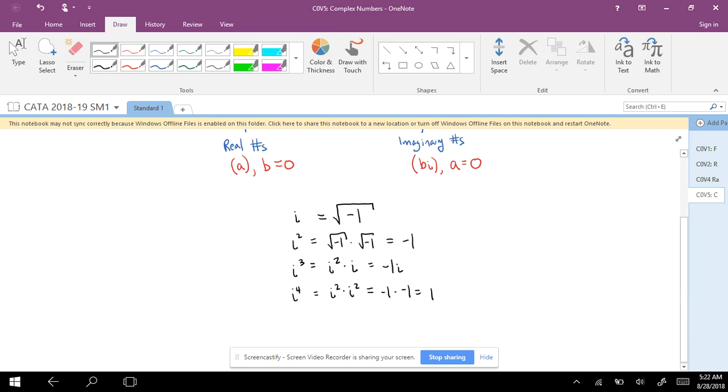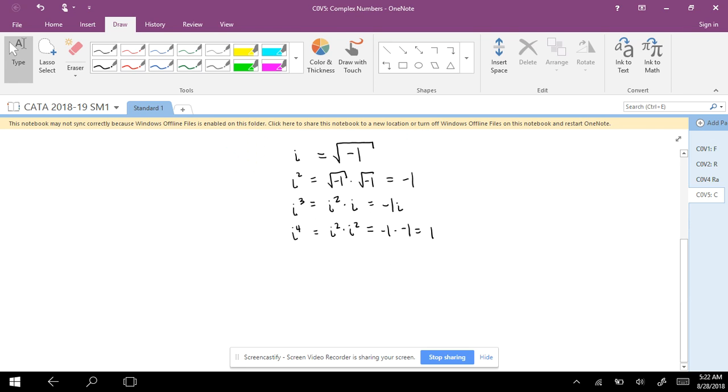And so this pattern keeps going on. So now i to the fifth would just be the same as i. And i to the sixth would just be the same as i squared, which is -1. And it just keeps repeating that pattern.